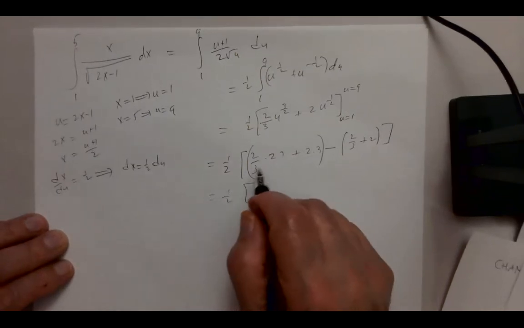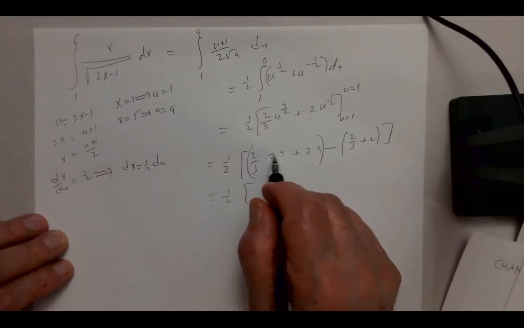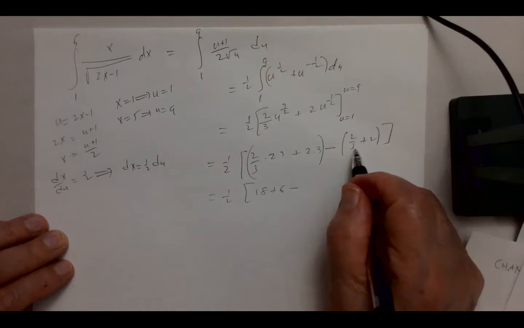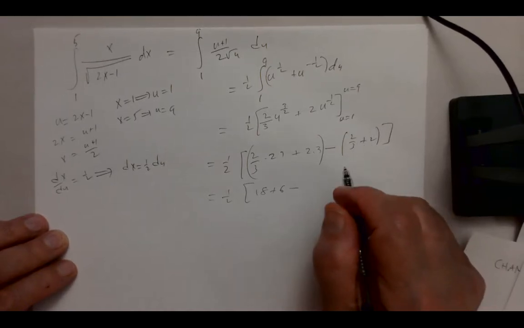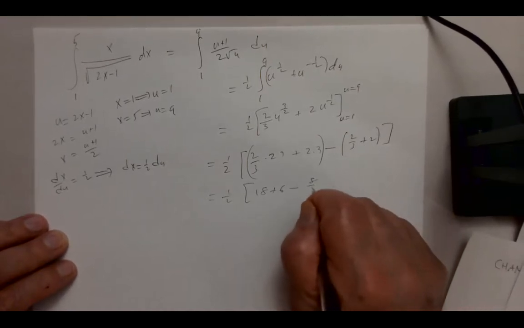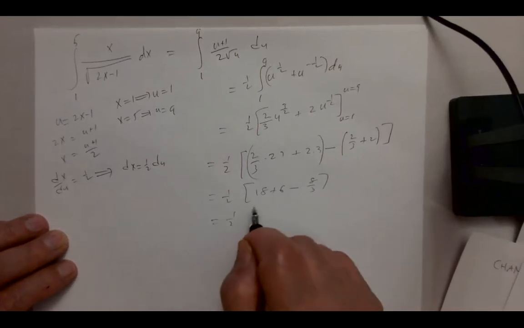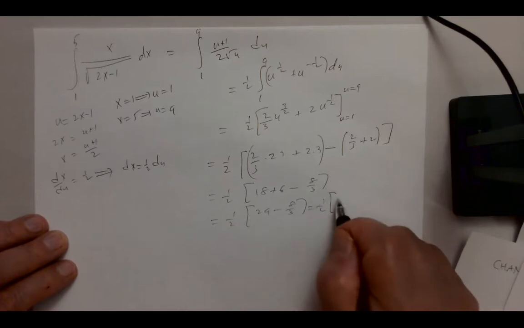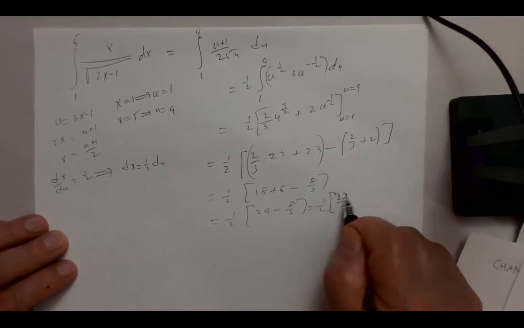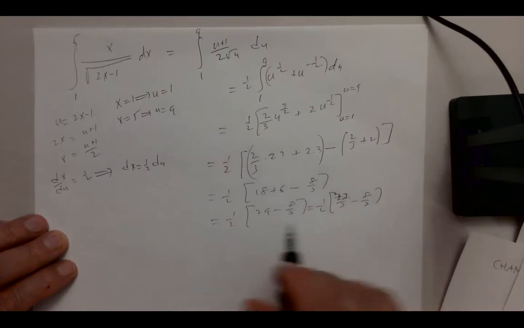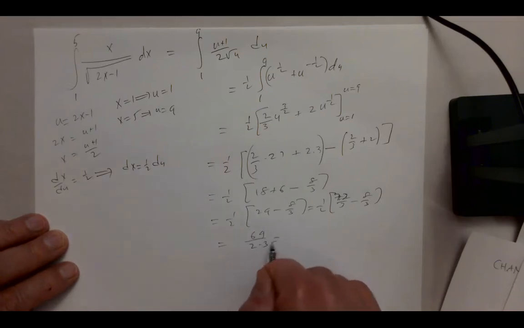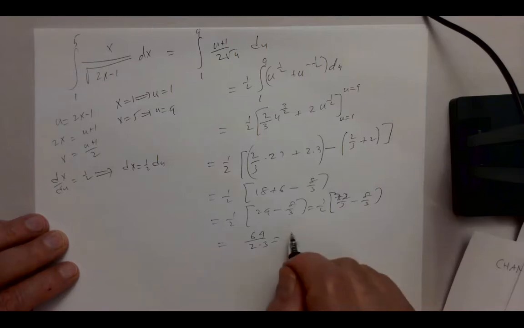This is 1/2. 27 over 3 is 9, 9 times 2 is 18, plus 6, minus 2/3 plus 2. 2/3 plus 2 is 8/3. So this is 1/2 times 24 minus 8/3, which is 1/2 times 72 over 3 minus 8 over 3. 72 minus 8 is 64, and 1/2 of 64 is 32.